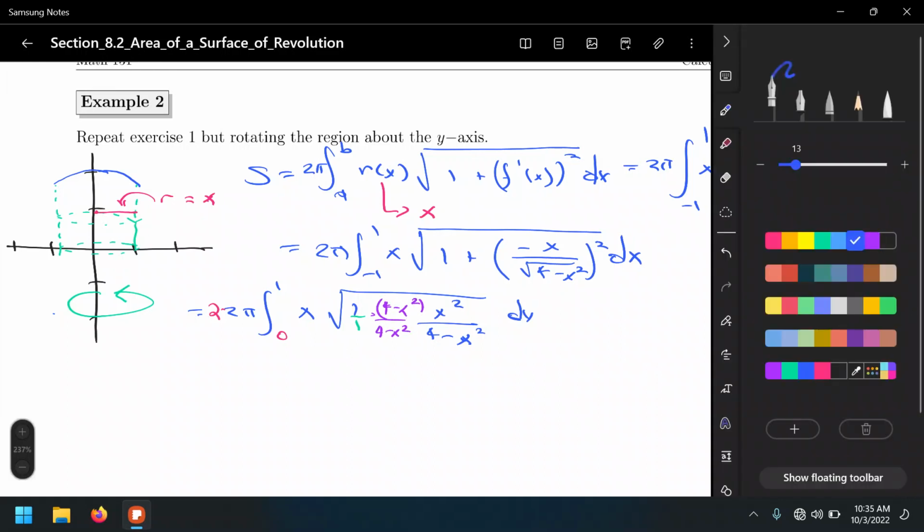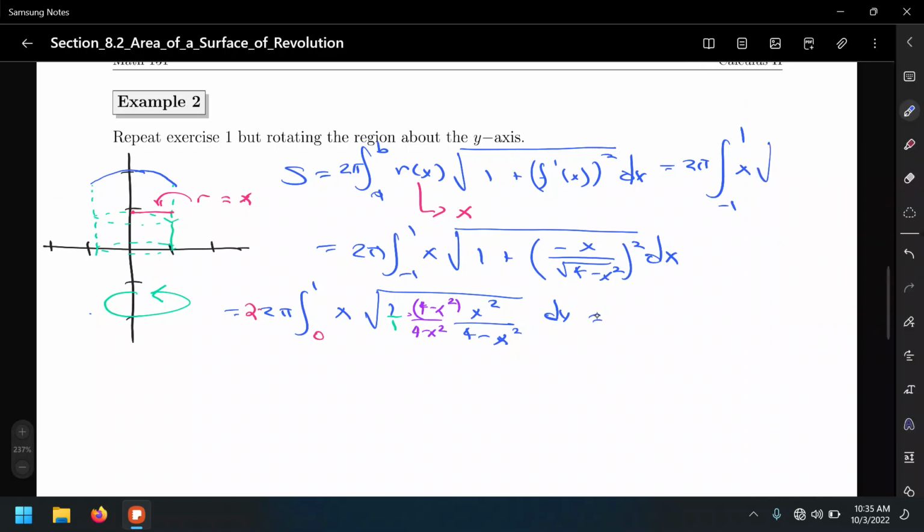Only then can we combine the fractions together. So that's going to be 4 pi integral from 0 to 1 of x times the square root of 4 minus x squared plus x squared. And despite how crazy this looks, trust me, this is going to reduce really nicely, all over 4 minus x squared dx.